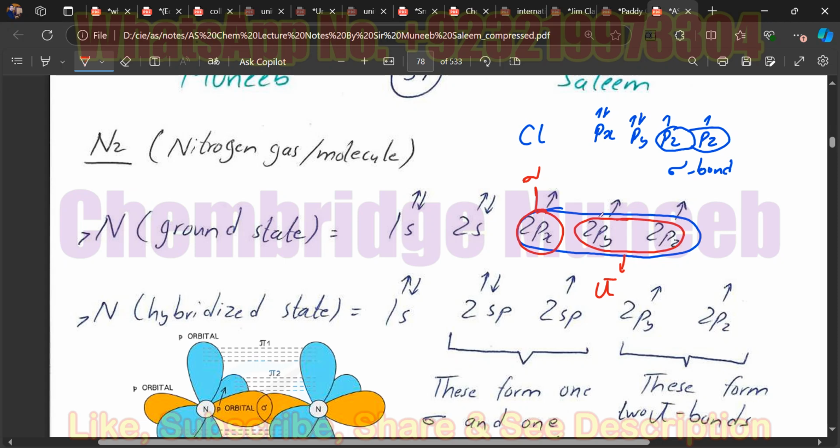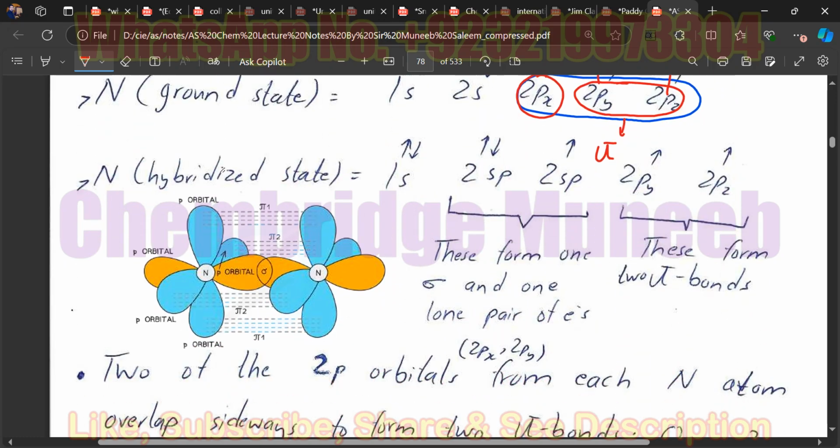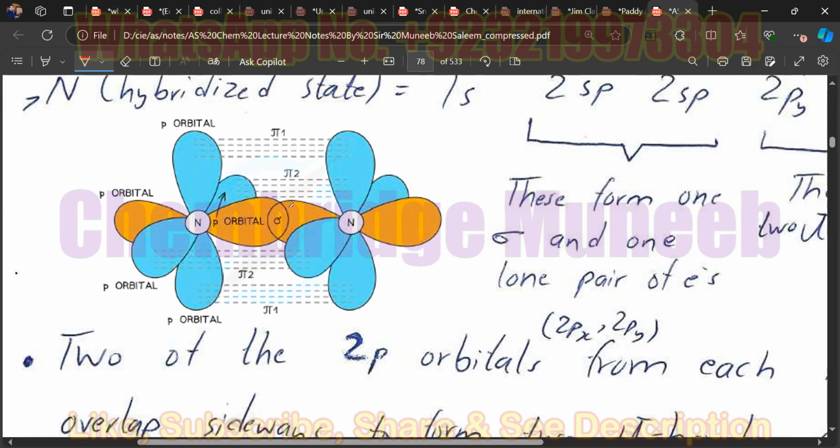Py will create a separate pi bond with the py of the other nitrogen atom, and pz will show a separate pi bond with the pz orbital of the other nitrogen atom. So in total, the nitrogen molecule shows two pi bonds, and you can see the picture here.